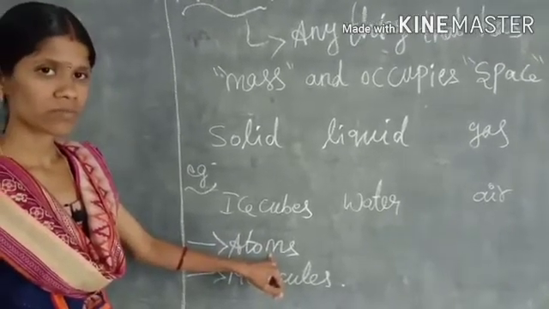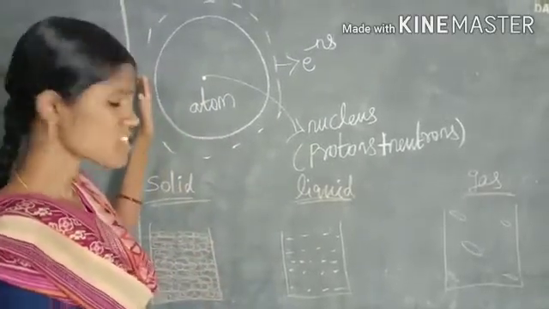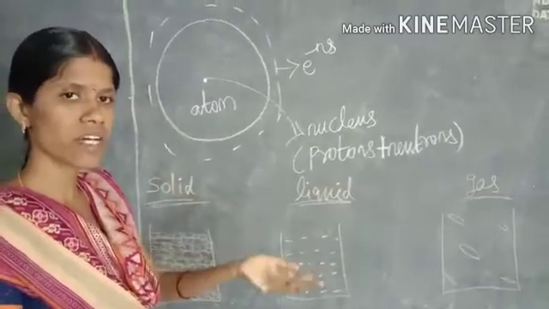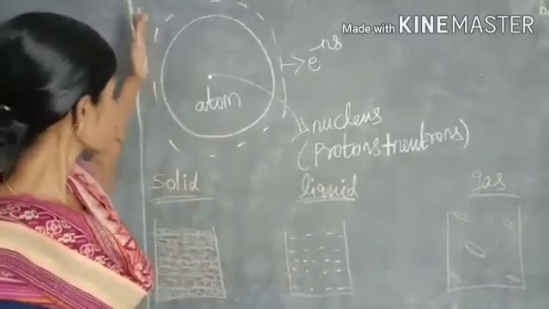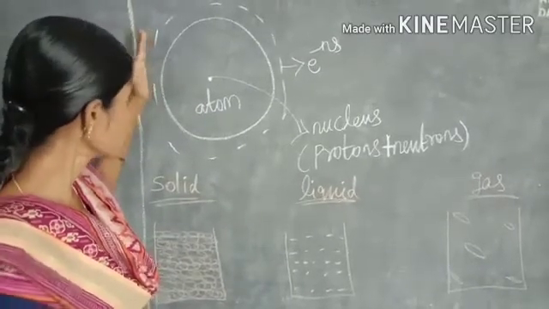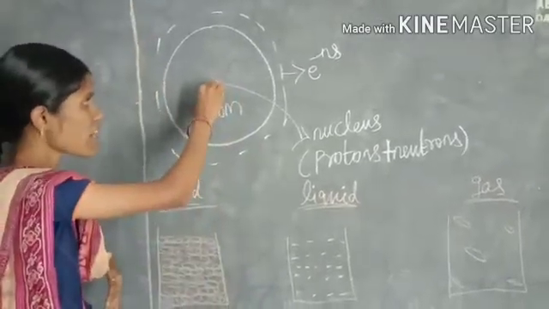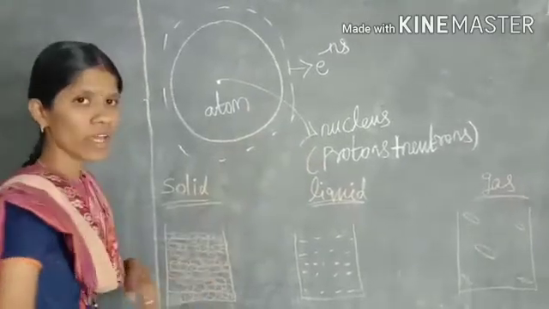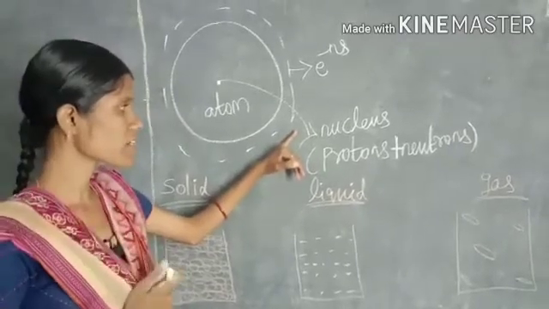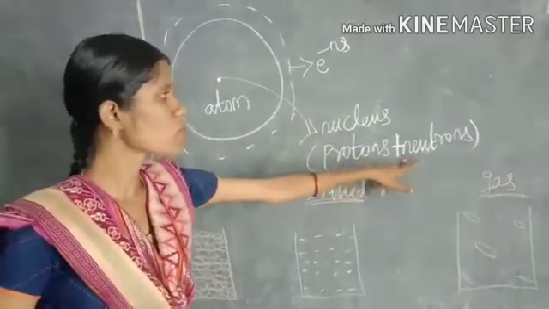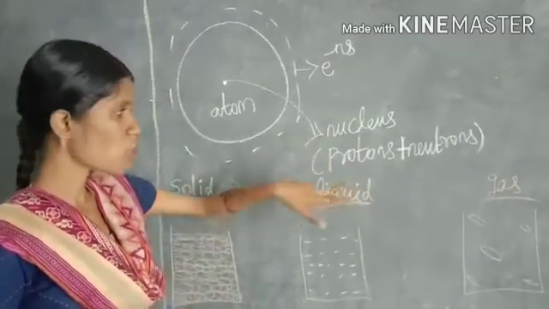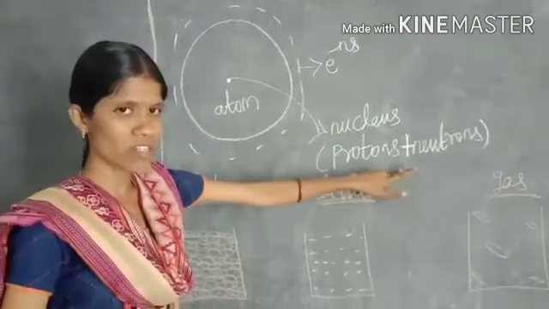Next we are going to see the structure of an atom. Inside the atom, what are all the things present? For that, first we have to consider one atom. At the center of the atom, what is there? There is a nucleus. Inside the nucleus there are two things present: protons and neutrons.